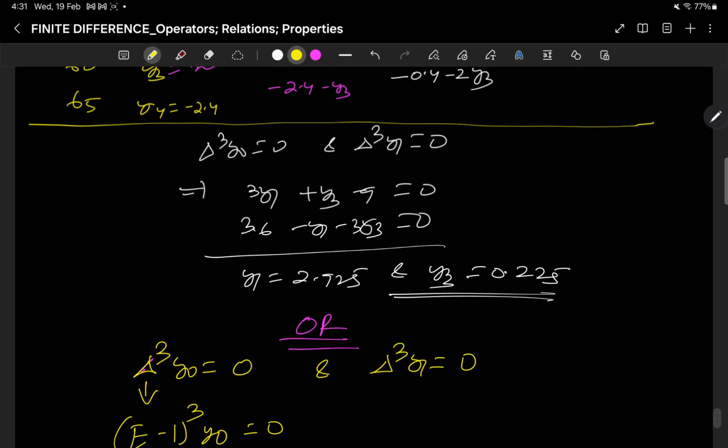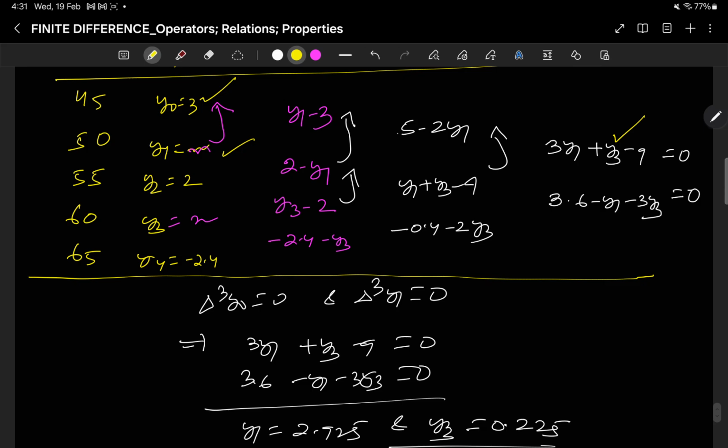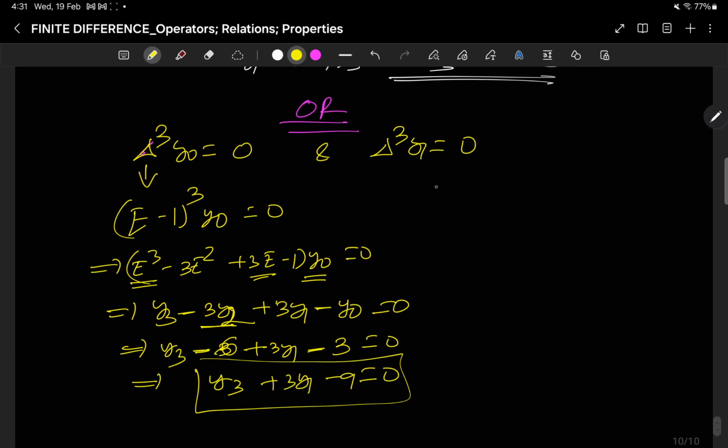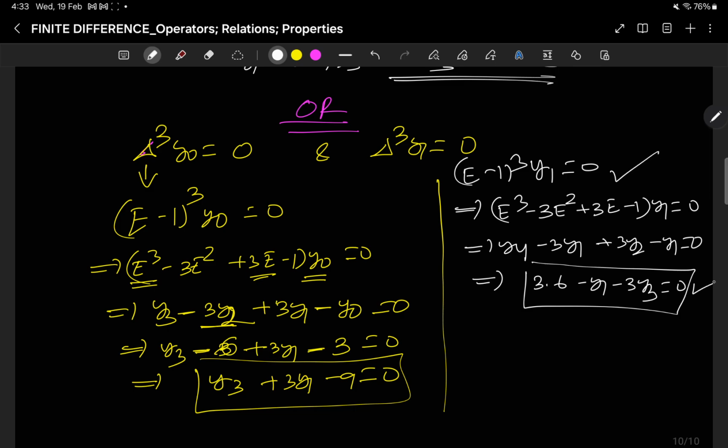This is your equation 1, as we saw here, 3y1 plus y3 minus 9, right? Similarly, you will get the second equation. Now solving this star and double star, you will get here y1 is 2.925 and y3 is 0.225.